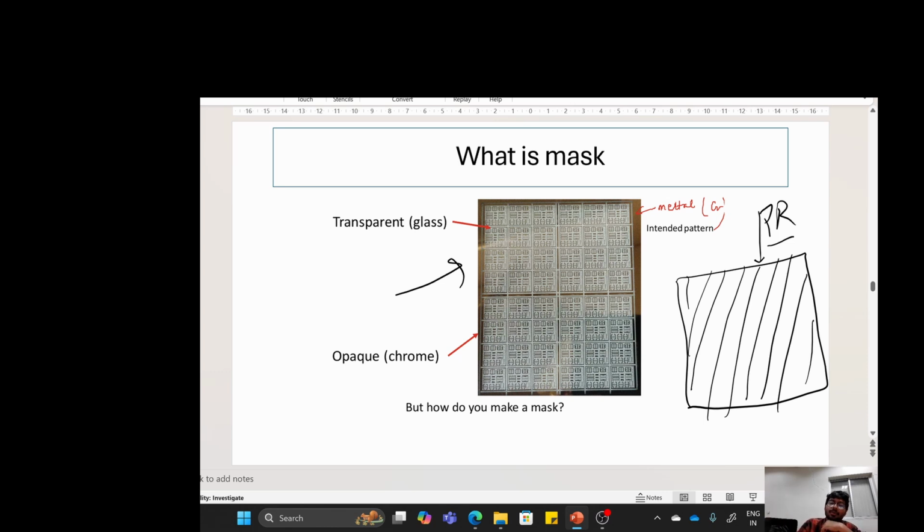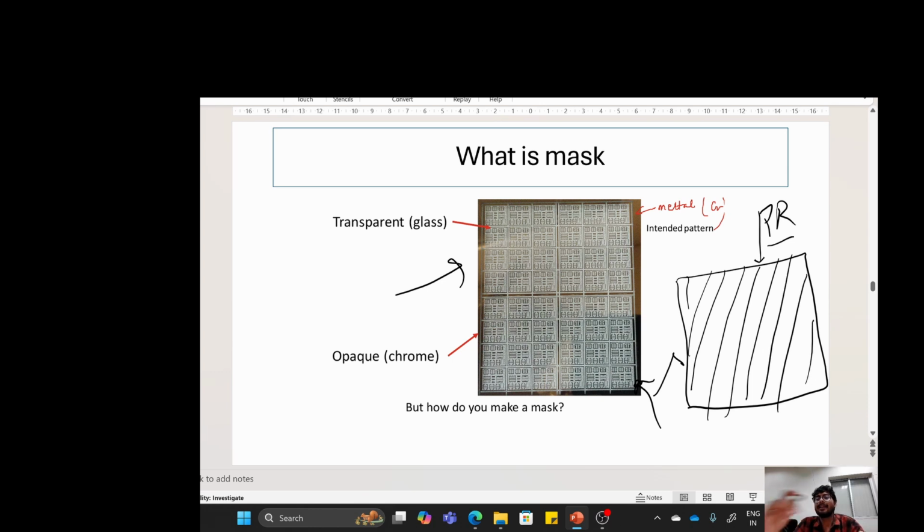Then we dip this chrome coated mask in chrome etchant, and at that time you can remove the chrome.